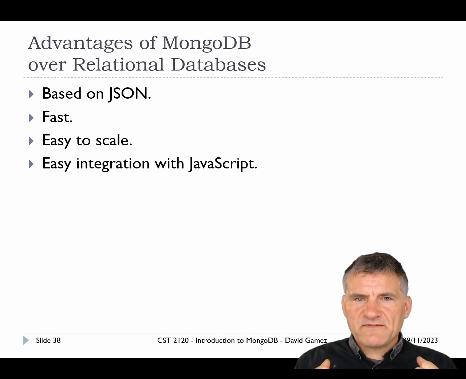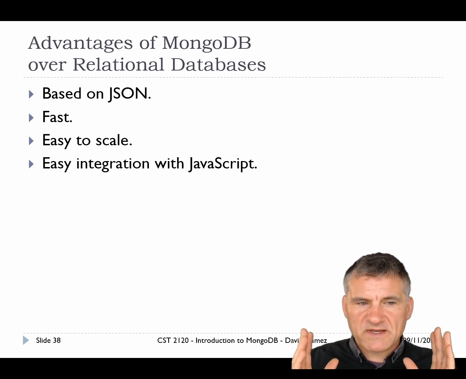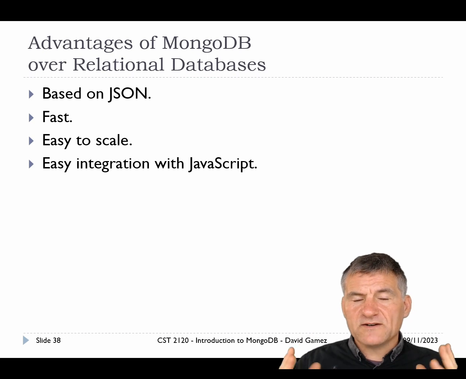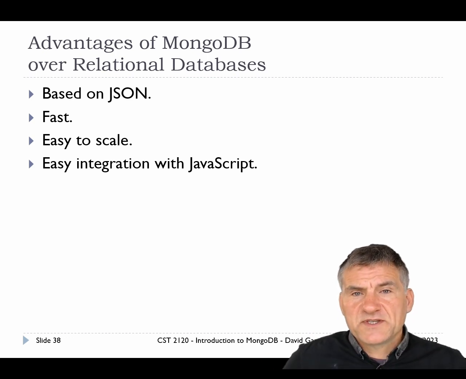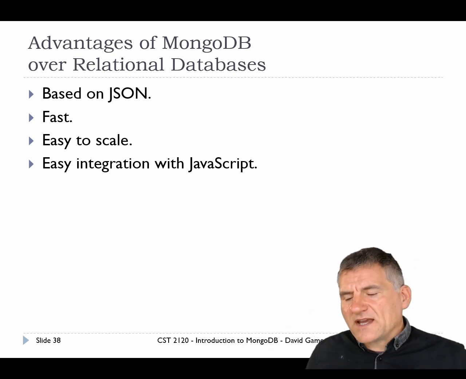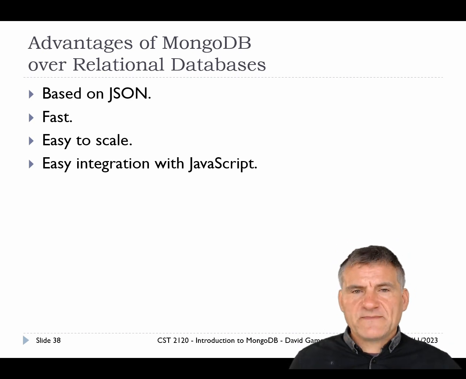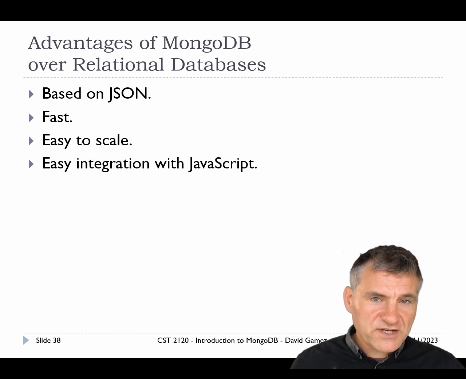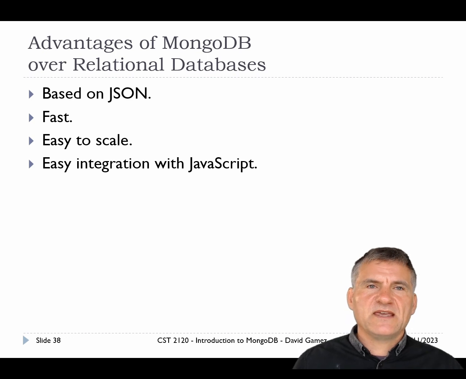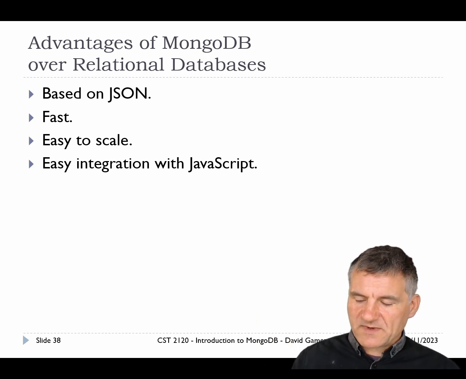But definitely MongoDB for certain applications has real advantages because it's a very nice JSON thing, which means it's fast, it's very easy to scale, and it's very, very easy to integrate with JavaScript. I took out the slides on this, but historically people used to use relational databases with PHP, and that was a traditional way of building commercial websites.